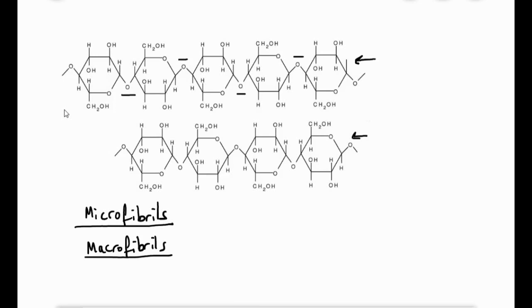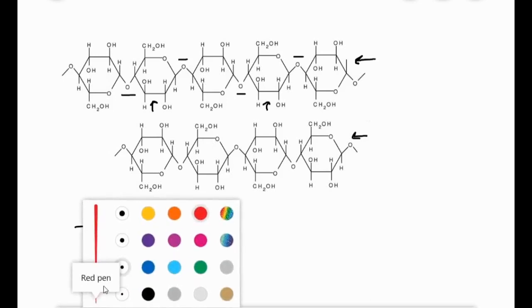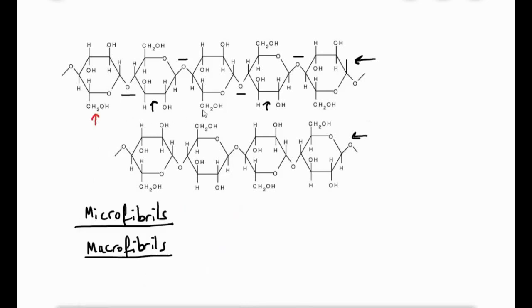Now this means that each alternate glucose molecule is in a different orientation. So if I look here, you can see that this molecule here, this molecule here, and this molecule here are inverted.